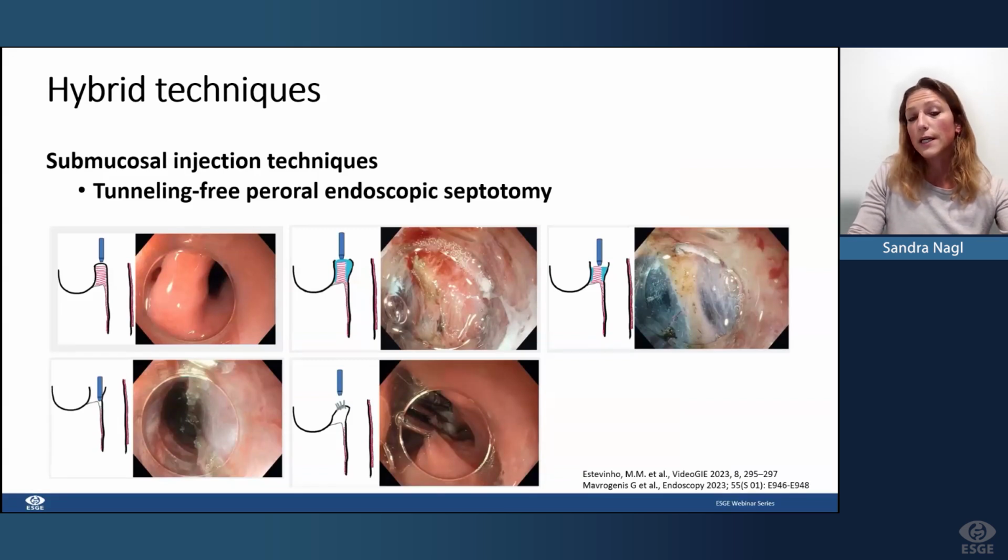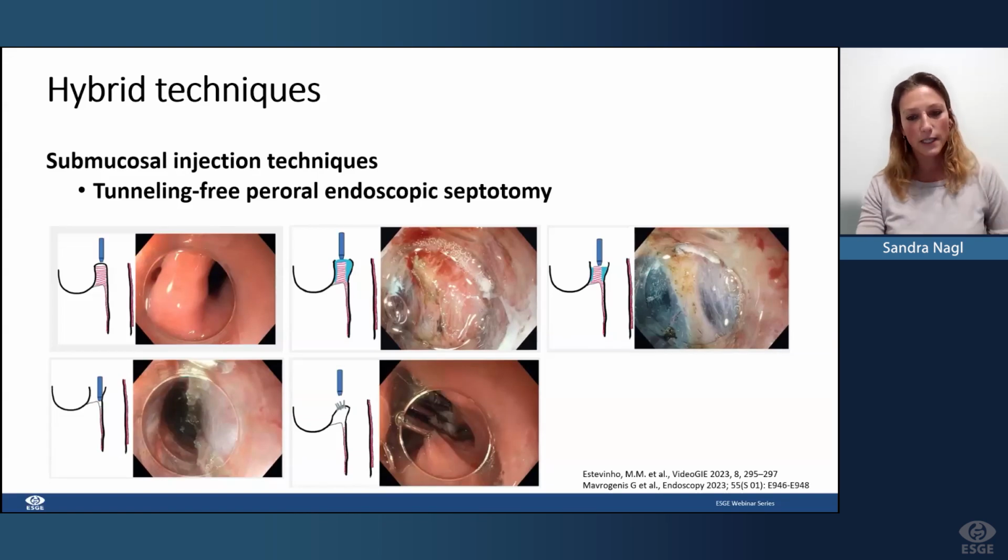So we heard about septotomy from Jan, we heard about flexible endoscopic septotomy, and we also heard about some hybrid techniques which might help to overcome the limitations of both techniques, or have the benefits of both procedures.